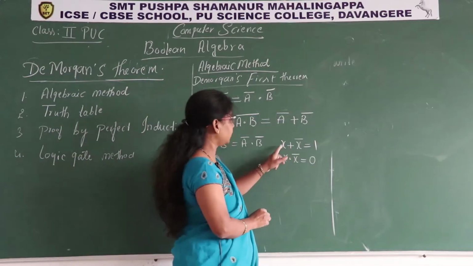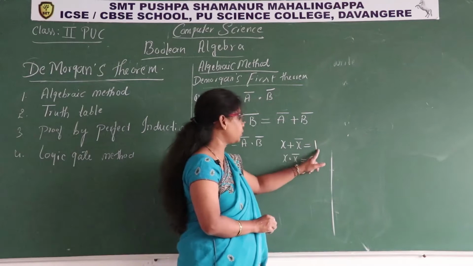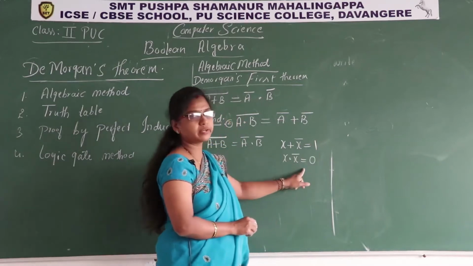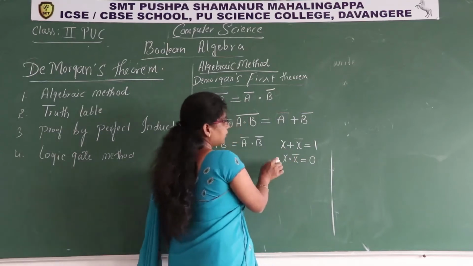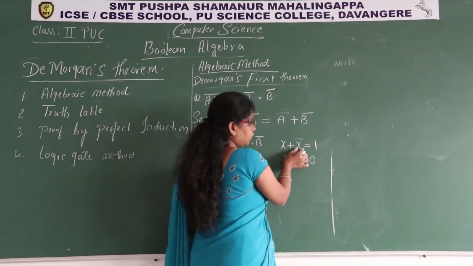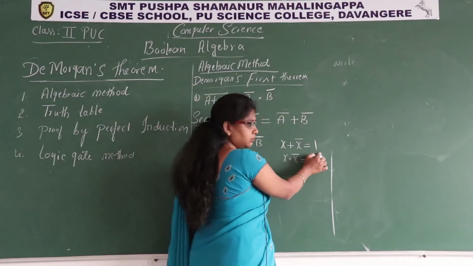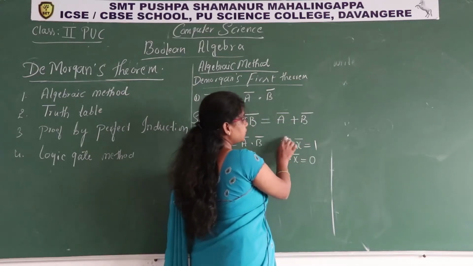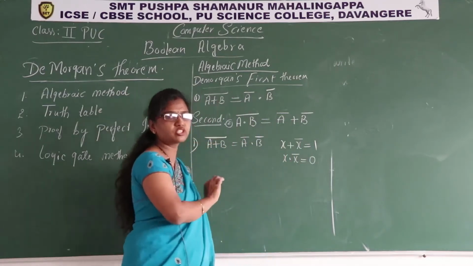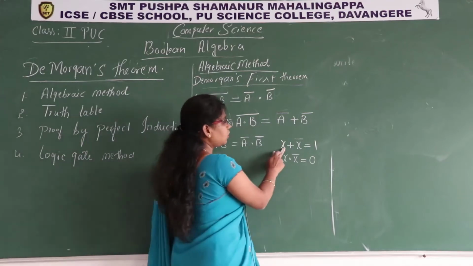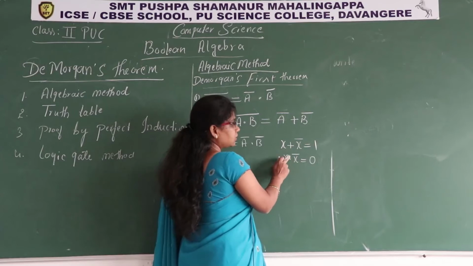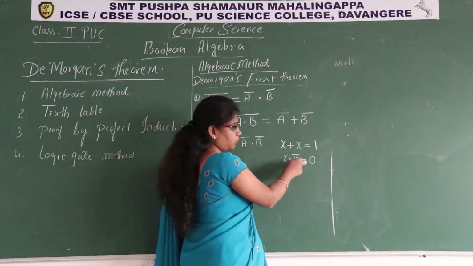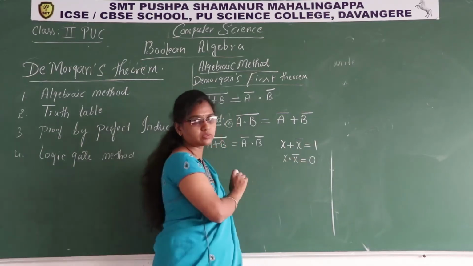Are you understanding? X plus x bar is equal to 1, x dot x bar is equal to 0. What does it mean? See, when you add a term with its complement, it has to give 1, then only we can say these two terms are complement to each other. So x is a complement of x bar and x bar is a complement of x. The same must be satisfied: x dot x bar is equal to 0.